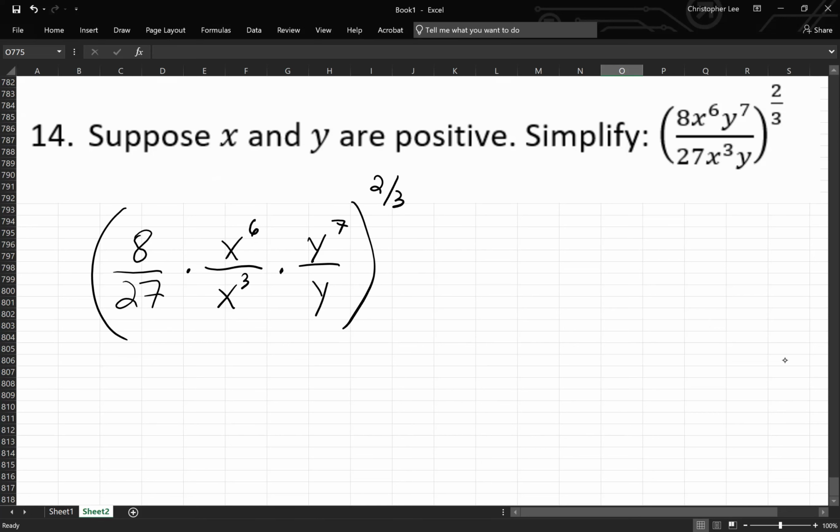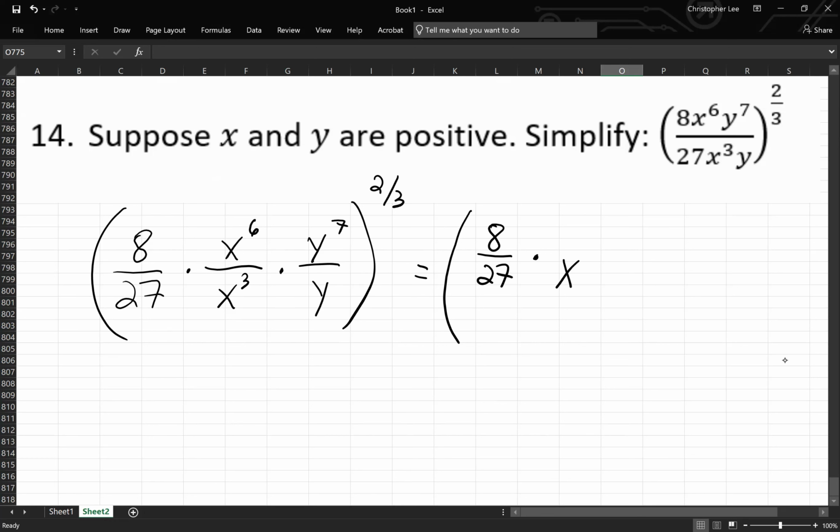Individually, let's reduce the inside first, and then we'll worry about the power on the outside. So this is going to become the same 8 over 27, can't do anything with that, times x to the 6 divided by x to the third becomes x to the third power.